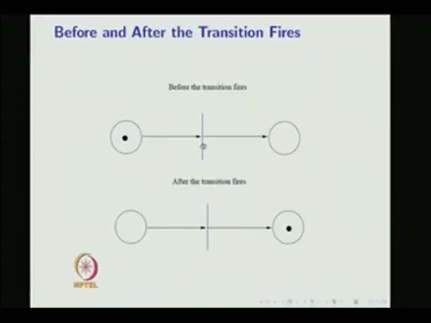Then the transition is enabled. After the transition is enabled, it fires. After the transition fires, the token is removed from the input place and deposited in the output place. Here we have only one input place and only one output place. Therefore, after the transition fires, one token is removed from the input place and one token is deposited in the output place.